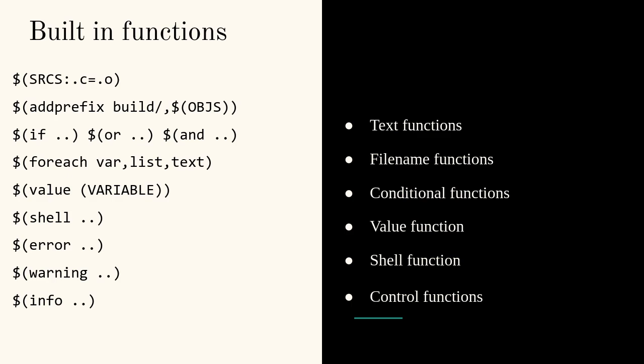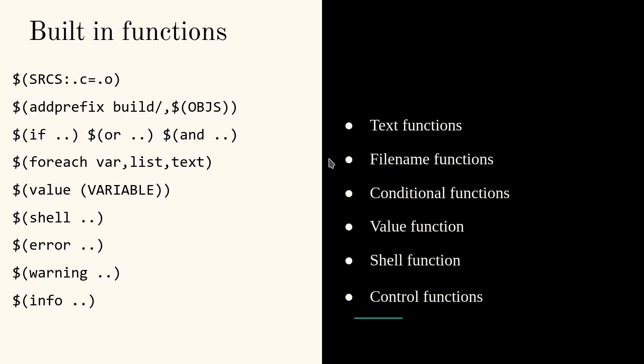So some text manipulation: if we want to automatically list our objects as whatever our source is defined, we can just change the extension. If we want to then take those objects and add a build directory onto it, then we can use the addprefix function, which is one of the file name functions.